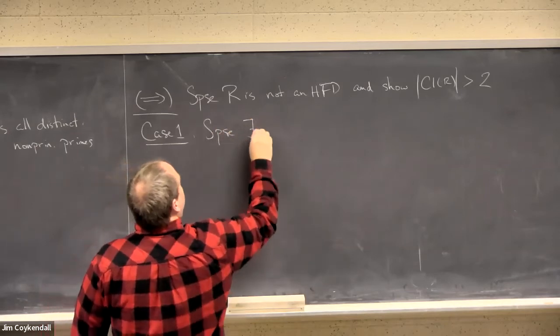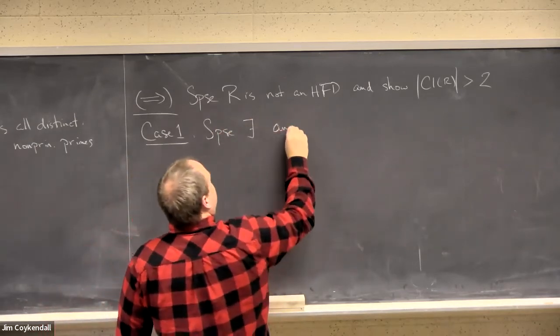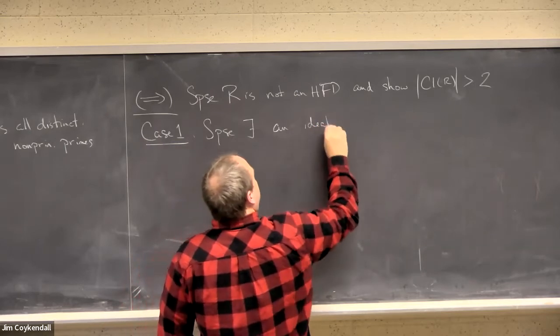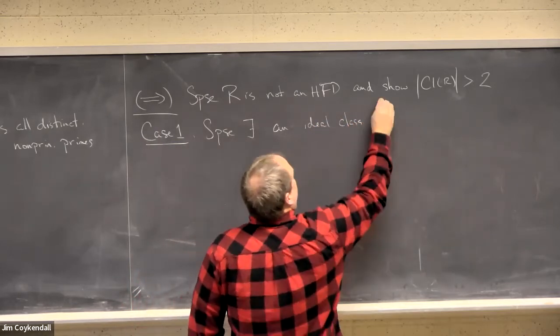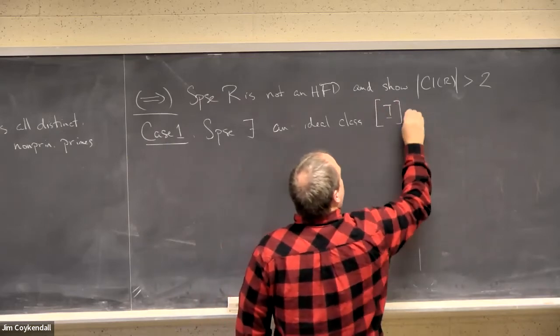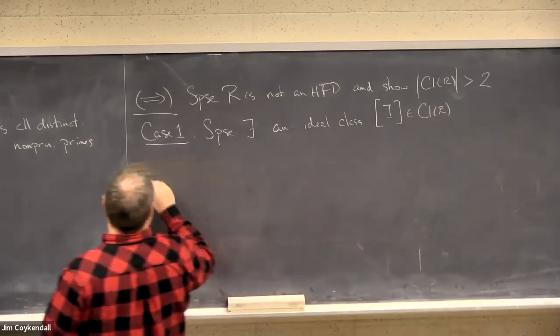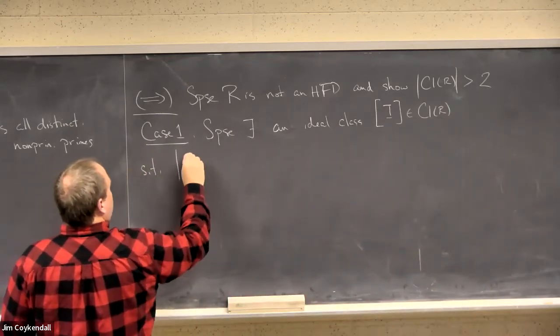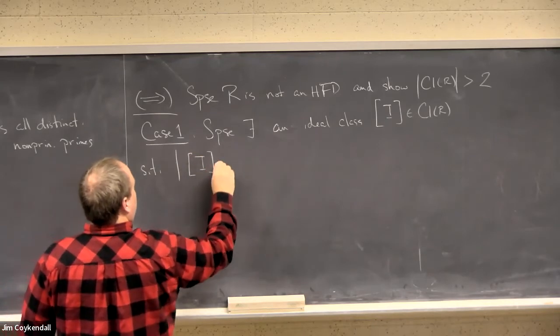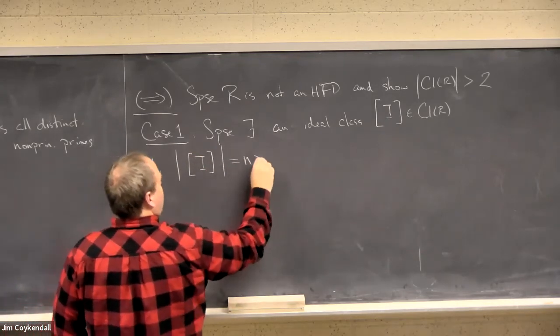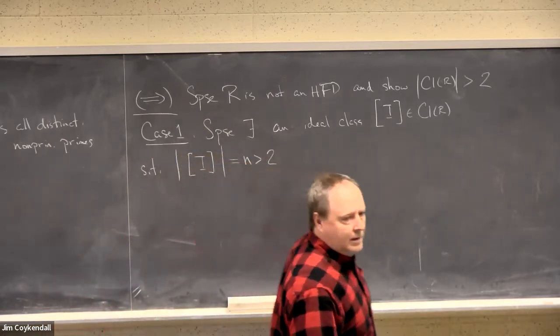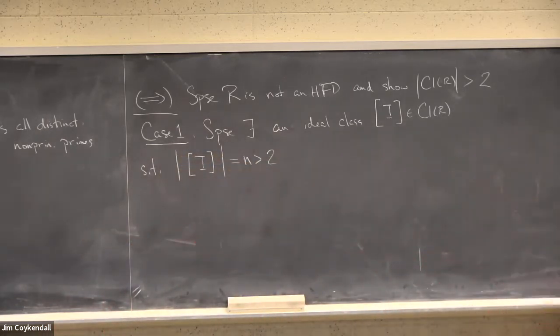Suppose there exists an ideal class, let's say I, such that, suppose that you have an ideal class in the class group whose order is some number n that's actually bigger than 2.